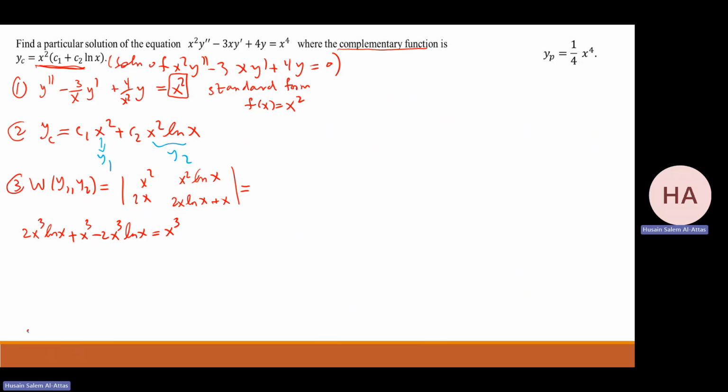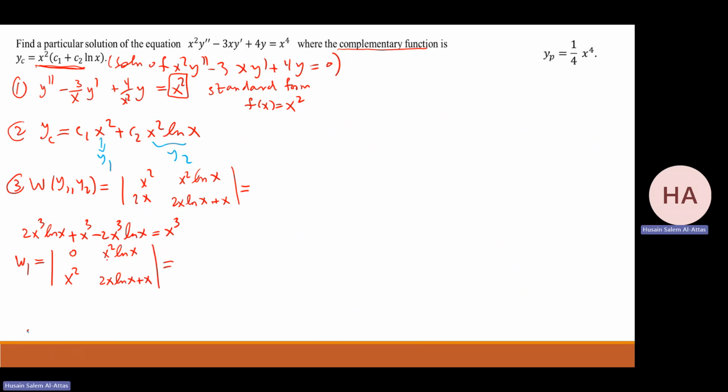That will be W. Now we'll go to W1. I have 0, f of x, and 0. What is f of x? X squared. And x squared ln x, and 2x ln x plus x.